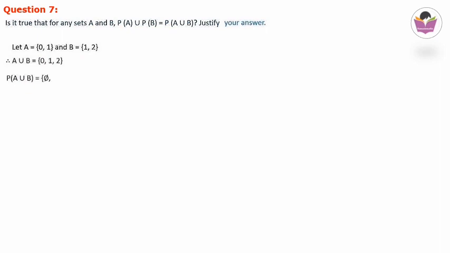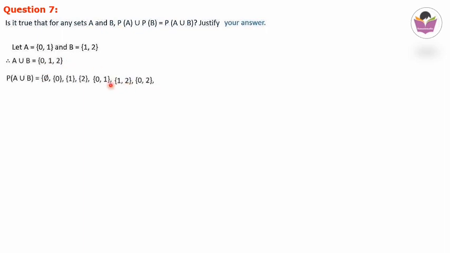P of A union B means, as we know, the set of all subsets. First there is phi, which is a subset of this set. Next, single elements we take as sets: {0}, {1}, {2}. Next, two elements: {0, 1} is one, again {1, 2} is another, and next is {0, 2}, the first and last element.